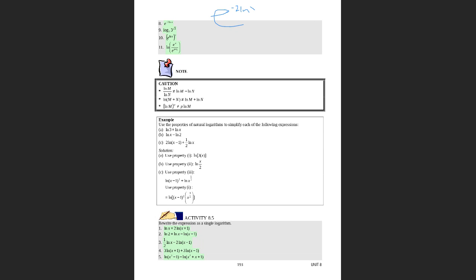We have to know that this is the same as e^(ln x to the minus 2). So the e cancels the ln, and our answer will be x exponent minus 2, which is 1 over x squared.